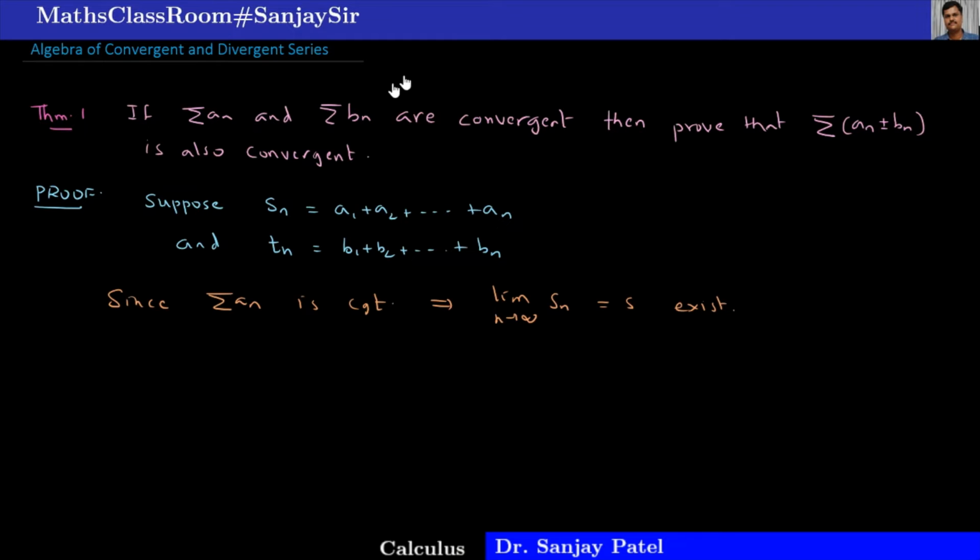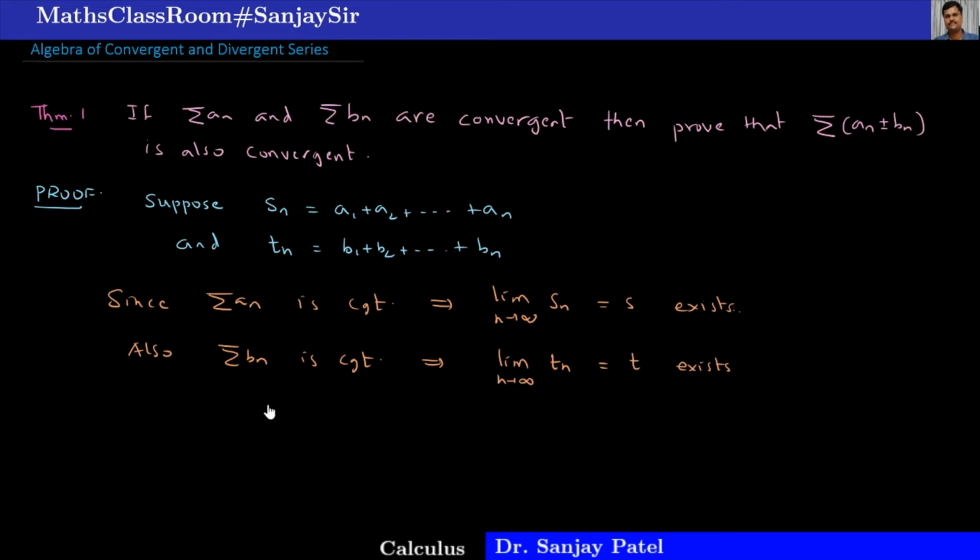And similarly, as sigma bn is also convergent, we can say the limit of the partial sums of sigma bn, that is the limit as n tends to infinity of Tn, also exists and is equal to some real number, say T. Now we want to prove that sigma an plus bn and sigma an minus bn are also convergent.